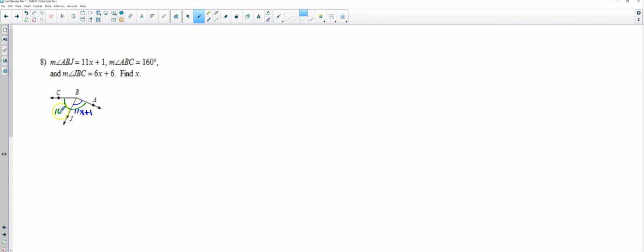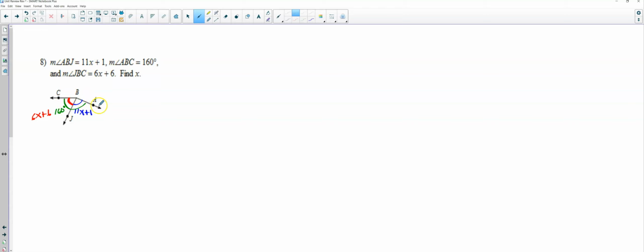That's 160 degrees. And then the measurement of JBC, which is, I'm going to put it in red, JBC right there. That one is 6x plus 6. So 6x plus 6. So notice the red one plus the blue one is going to give me the green one, right? So I'm going to write it here.